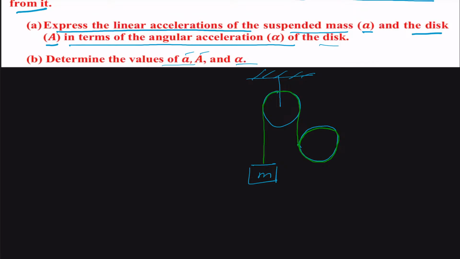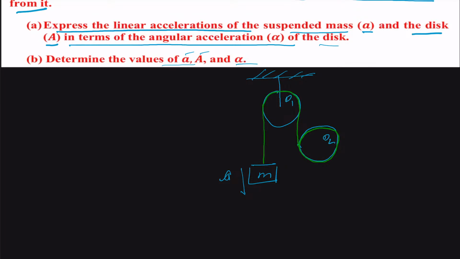In this case we have to keep in mind that this mass, as it is going to fall in the downward direction, its acceleration is given as a. This tape is going to unwind itself, so let me call this disc 1 and this disc 2.